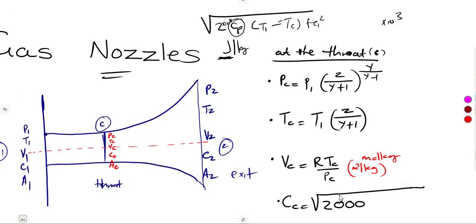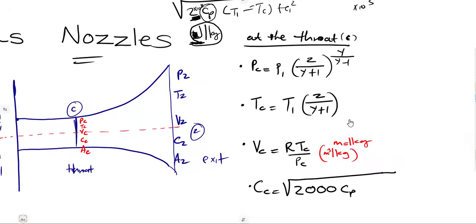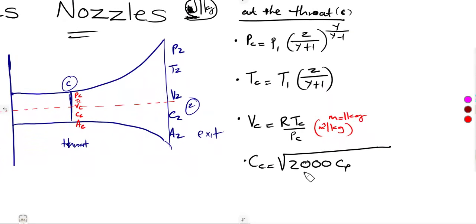So that's 2000 times the CP. Meaning, when you use it like this, your CP is in kilojoules, because already you have used the times 10 to the exponent of 3. So when you use the 2000, you use the CP as it is. Remember, times 10 to the exponent of 3 was to get rid of the kilo so that it becomes joules. This 1000 is to get rid of the kilojoules.